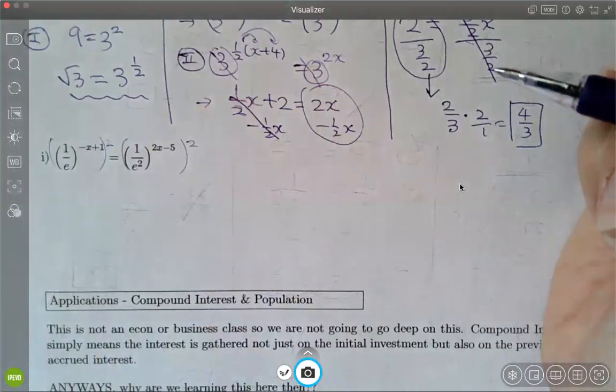So my suggestion is, can you possibly rewrite what's inside parentheses so that we don't see any fraction? So 1 over e, rewrite this so that we don't see any fraction.